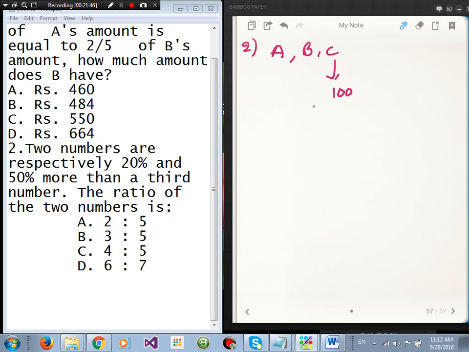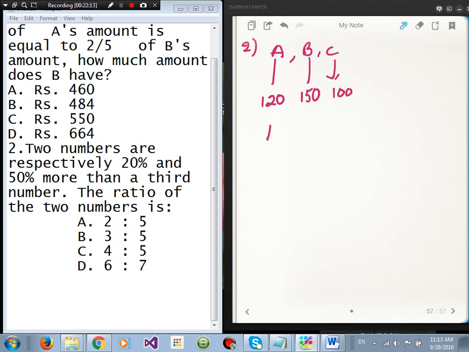Then A is 20% more than the C. C is the third number. If C is 100%, then okay, A becomes 120% and B becomes 150. Why? Because 50% more. Okay, C is 100, then A becomes 120, B becomes 150.